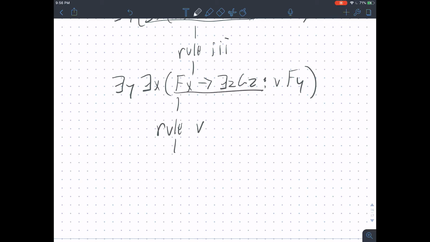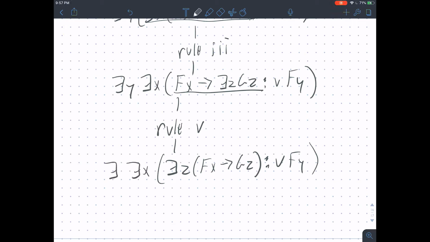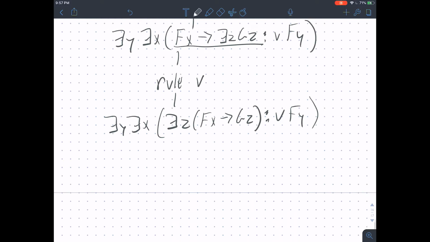Remember the quantifiers don't change signs when we're pulling them out of the consequent of a conditional. That's rule 5, and then y, and I think that's right.